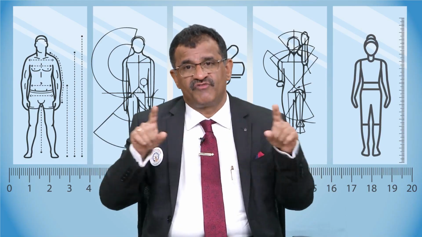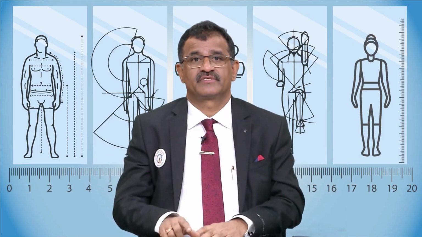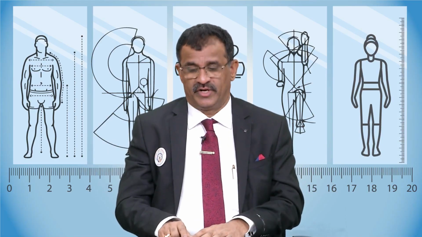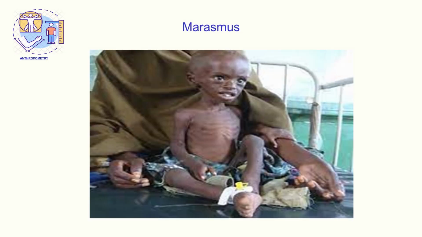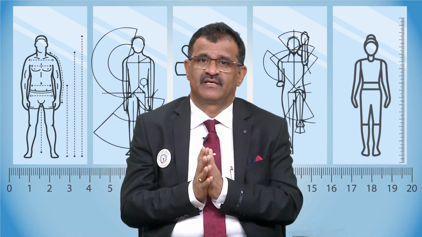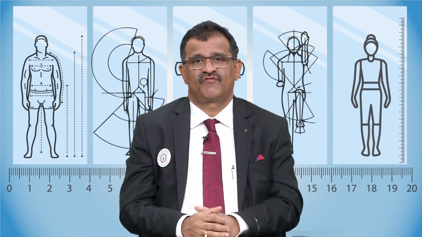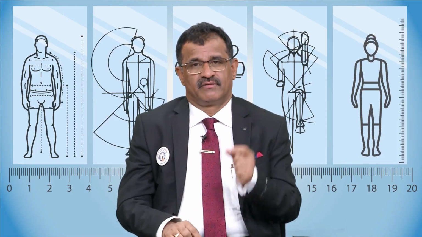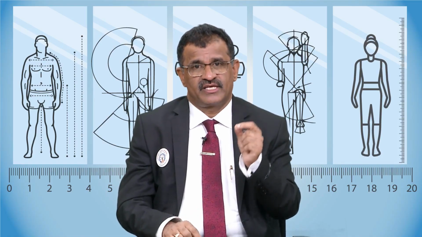So, there is a lot of weakness in that concerned person. Here you can see an image of a poor child. This image will tell you the exact meaning of marasmus and the importance of nutrition basically for the under 5 children.